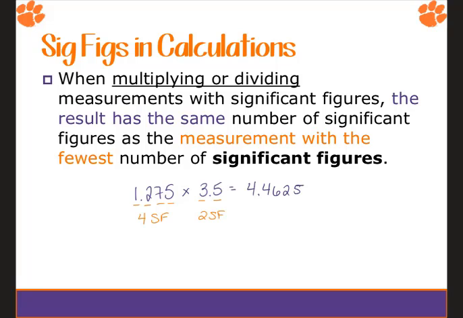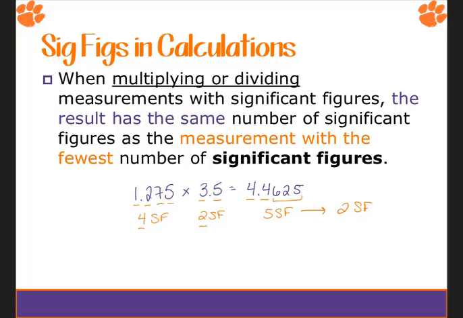So we have 4.4625 as our answer. Now we can count here, and we see that this has 5 significant figures. But our rule says our answer should have the same number of significant figures as the measurement with the fewest number. We've got 4 and 2, so we want to round this to 2 significant figures. You always start from the left, so we count these two digits, 4 and 4, as significant.